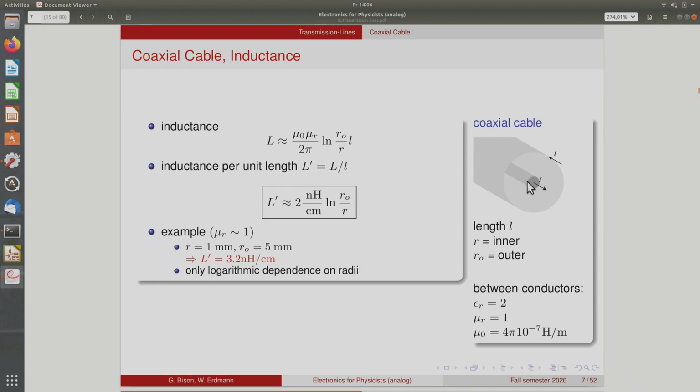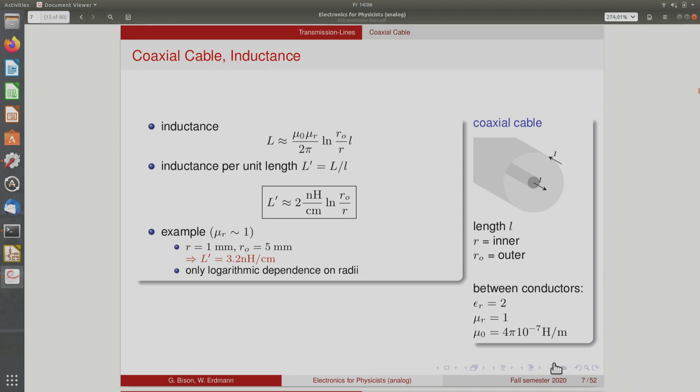And then in between you have a dielectric with an epsilon, for instance, of 2 is a typical number. The relative permeability is typically 1, so you will not use materials here that have a high permeability. And then mu0 is the vacuum permeability. So this is the formula that you get, and since it's proportional to the length, you can define the inductance per unit length L prime as this.